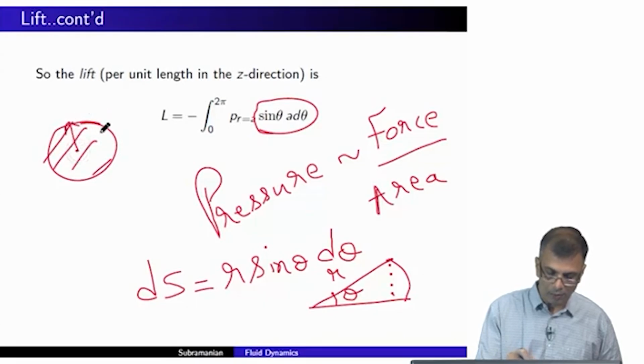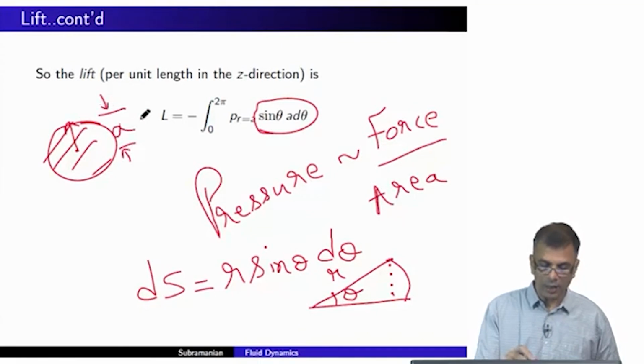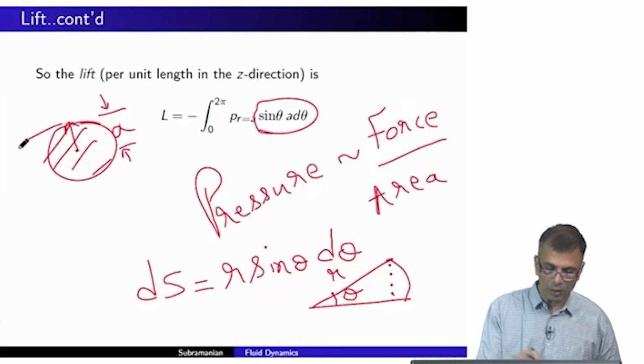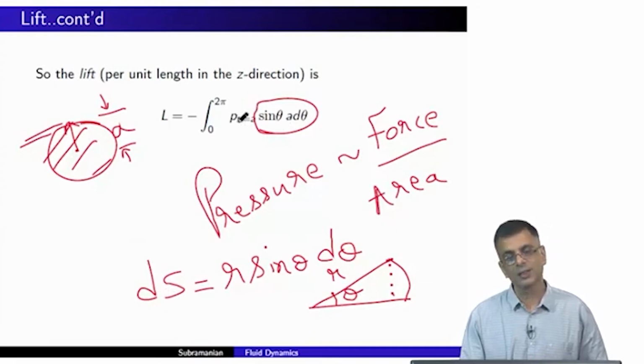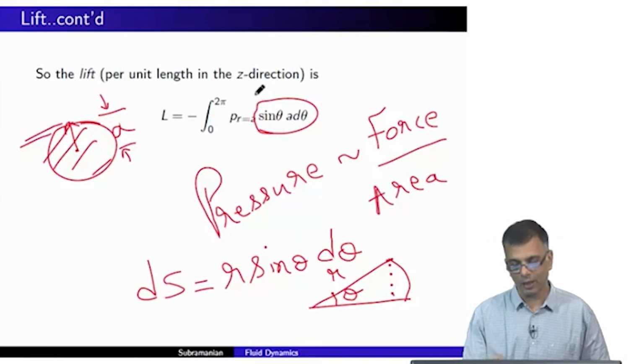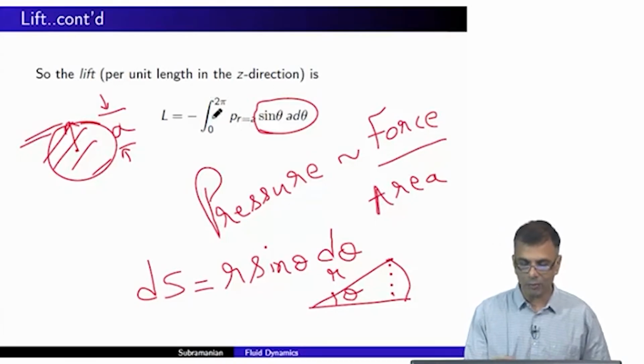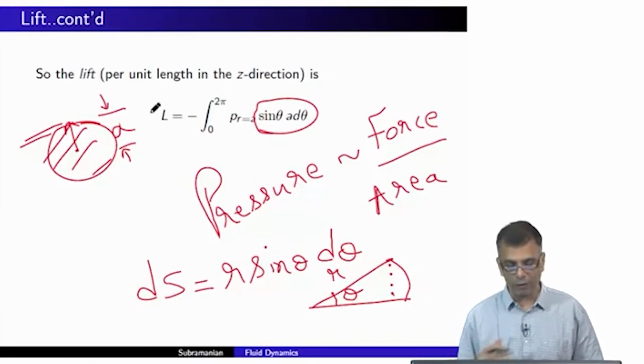The radius is A, and we are concerned with the pressure right here, so that's why instead of R we have an A. This is the area element, so this is P dS essentially, and in particular we are writing down the P at R equals A. We integrate this from 0 to 2 pi, and that is what we call the lift pressure.